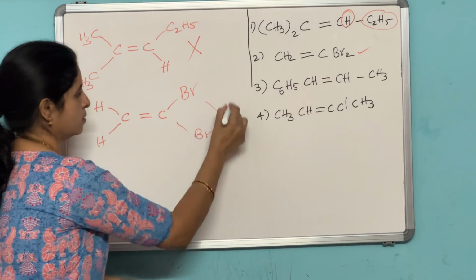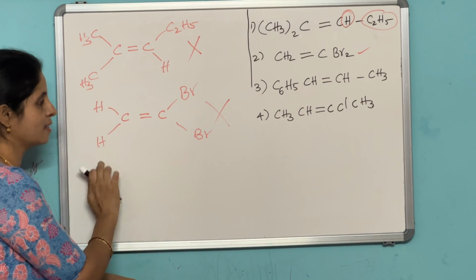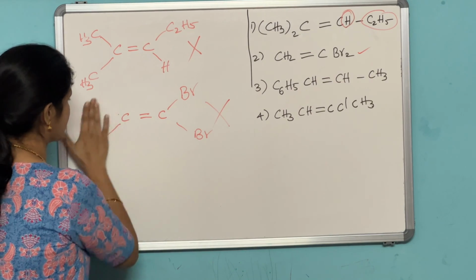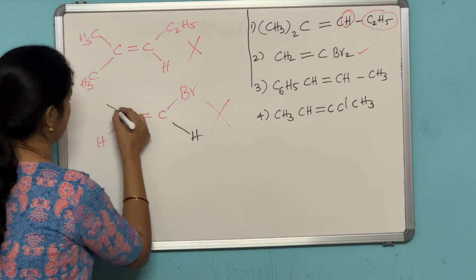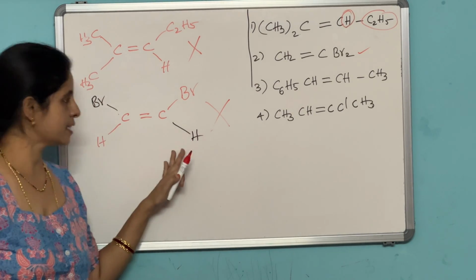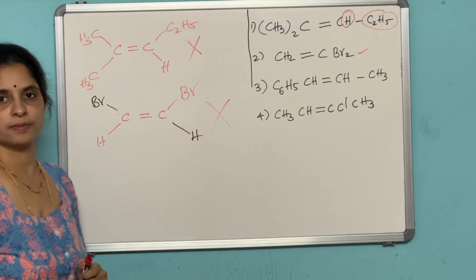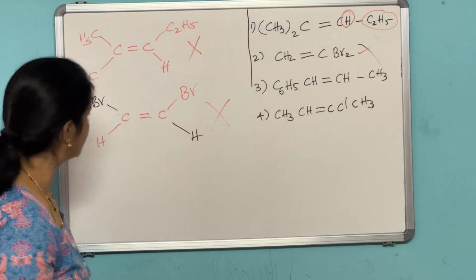No. Same atoms, same side means not like this. If it exhibits geometrical isomerism, this exhibits geometrical isomerism. It is the cis isomer. Clear? So the second one also will not exhibit geometrical isomerism.